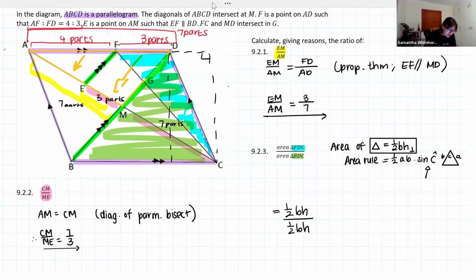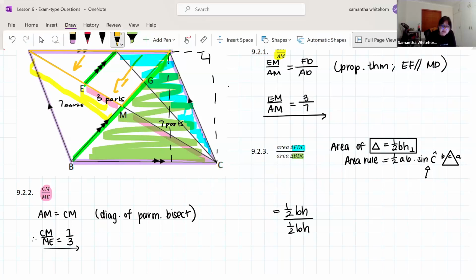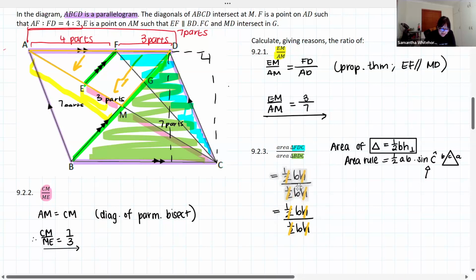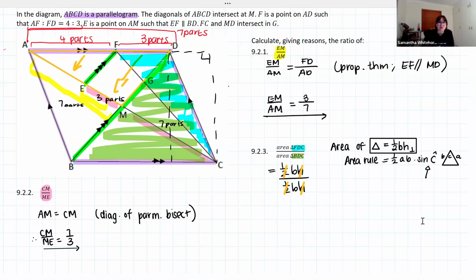What that means is because your heights are the same, they divide away. And a half divided by a half is 1. So by seeing the fact that those heights are actually common, when you go and substitute, you don't even need to substitute in a height because you know they are going to divide each other away, leaving you with just 1.